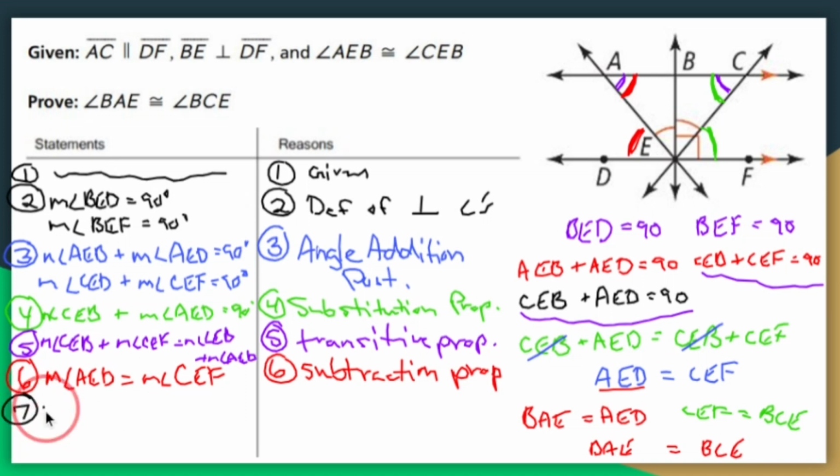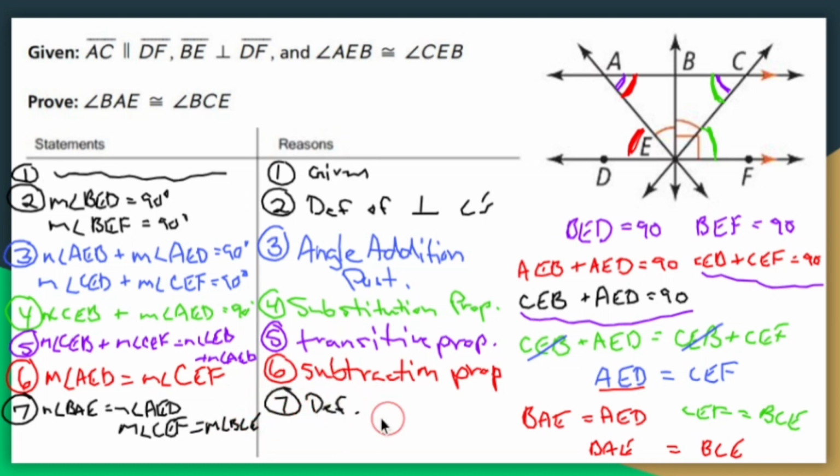So that was the measure of angle BAE was equal to the measure of angle AED, and the measure of angle CEF is congruent to the measure of angle BCE. And that was definition of alternate interior angles.